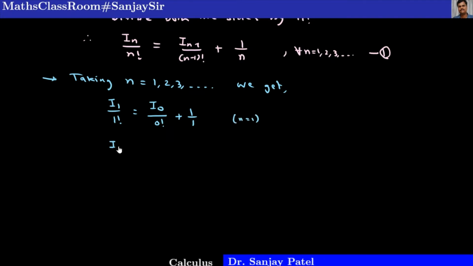Then for n is equal to 2, I2 upon 2 factorial is equal to I1 upon 1 factorial plus 1 upon 2.